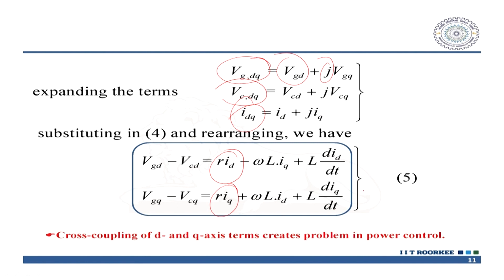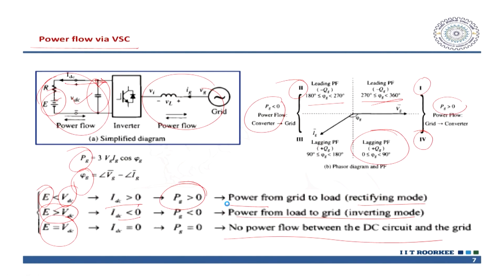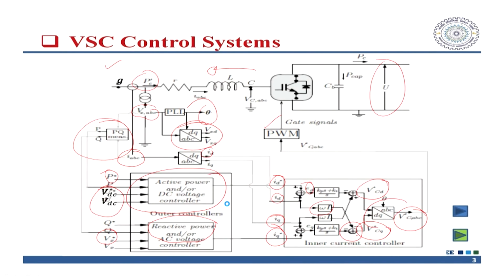So, these are the equations you will get in the case of the control loop, and you see that these are coupled equations, because, please go back, I have shown this in the control algorithm. Here there is a cross term, you have multiplied with the omega and you have added it up.